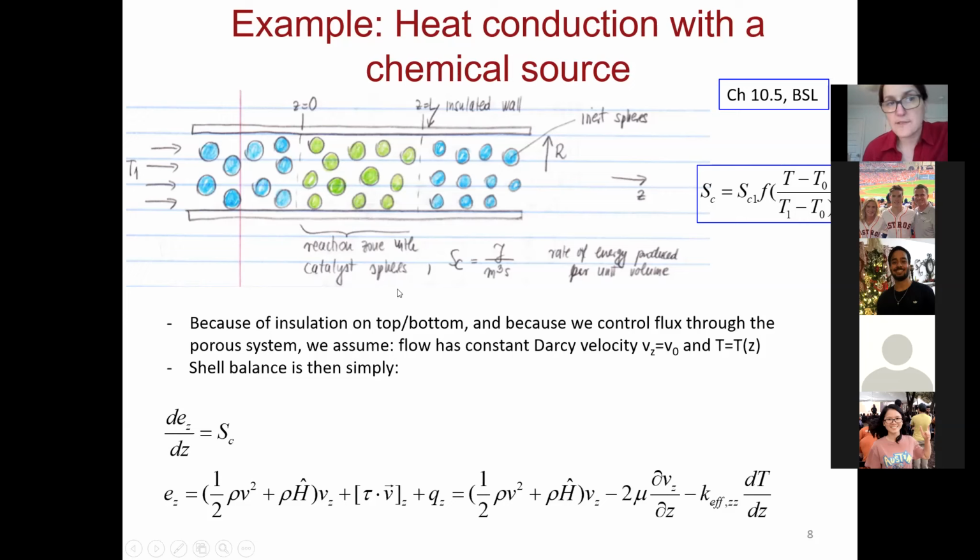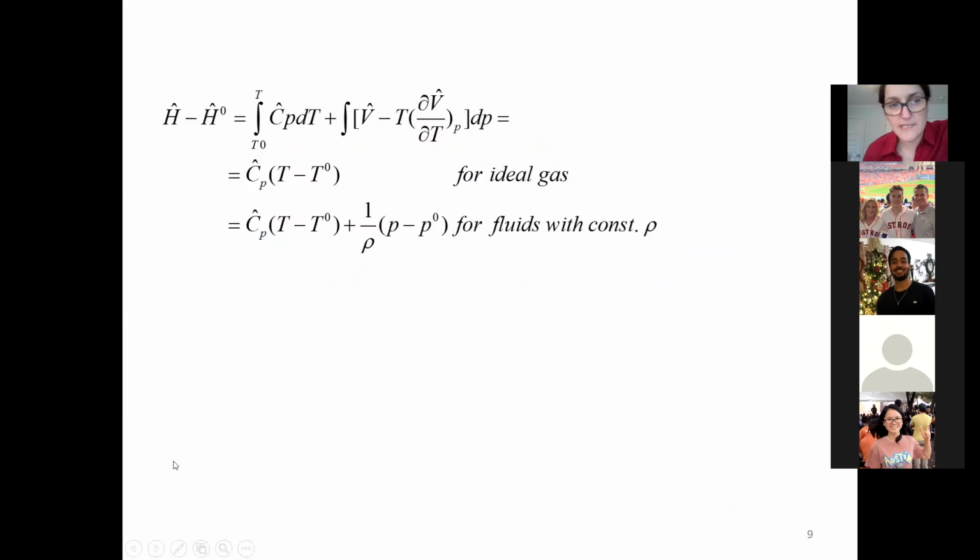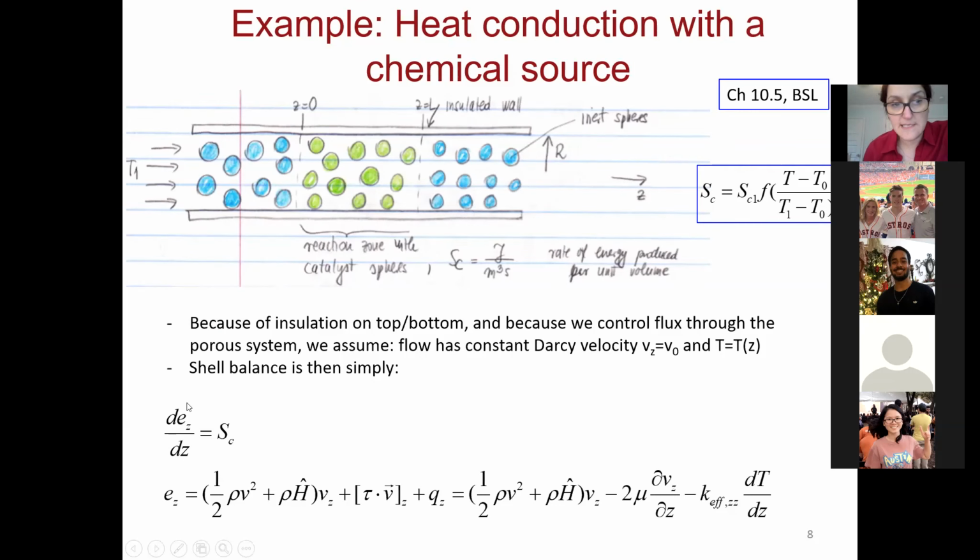And the balance just gave us a relatively, or deceptively, simple looking expression saying dEz/dz, so I only have a z component because it's a 1D problem. This is my z direction, is equal to this SC, where SC is this known rate of energy produced per volume. Now my Ez has all of these terms. This is a z component of it.